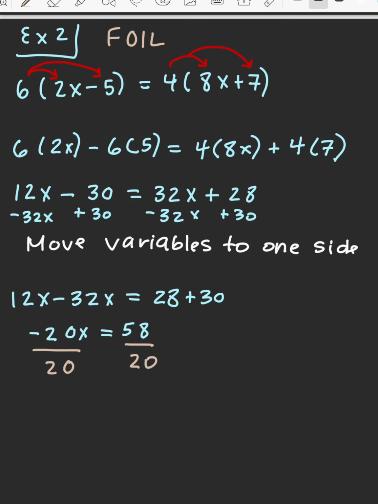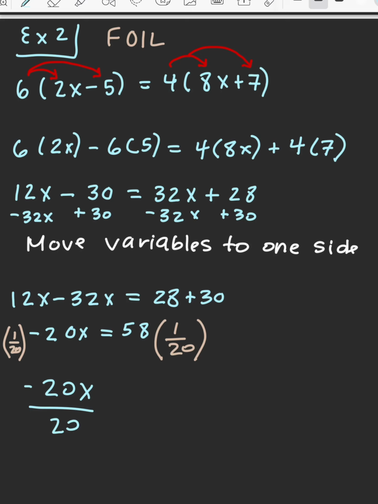So another way that we could do this, to make it a little bit more clear, is that we can multiply by 1 over 20 and multiply by 1 over 20 here. Because when we do this, negative 20x over 20 will just leave us with a negative x equals, you bring this part down, 58 over 20.